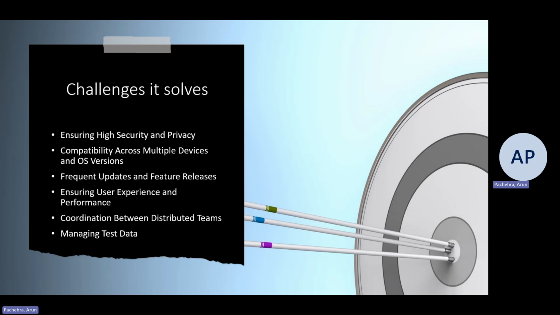Now, the second challenge is compatibility across multiple devices and OS versions, as we stated in the scenario. We can create device-specific test cases, developing test cases for different devices and OS versions, ensuring the application's compatibility and responsiveness. Azure DevOps Test Plans allows for parameterized testing, where you can run the same test case with different device parameters, which we already explained in the features as well.